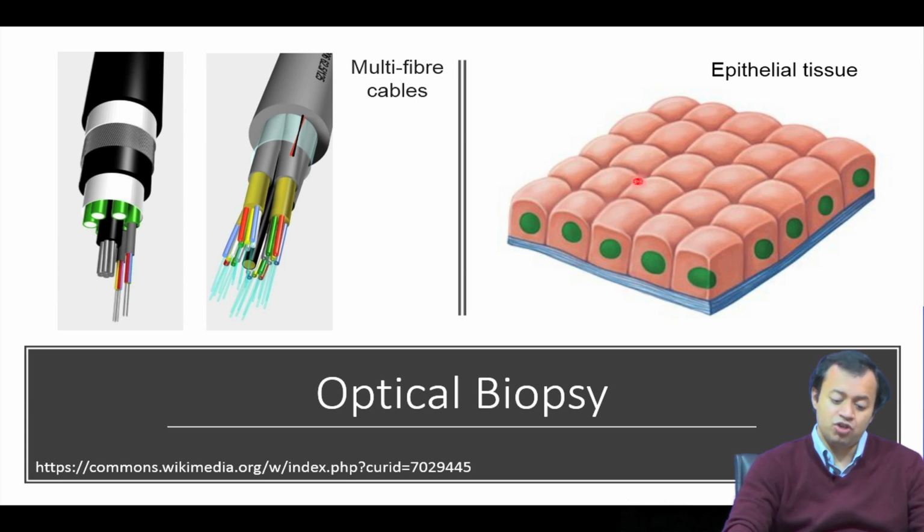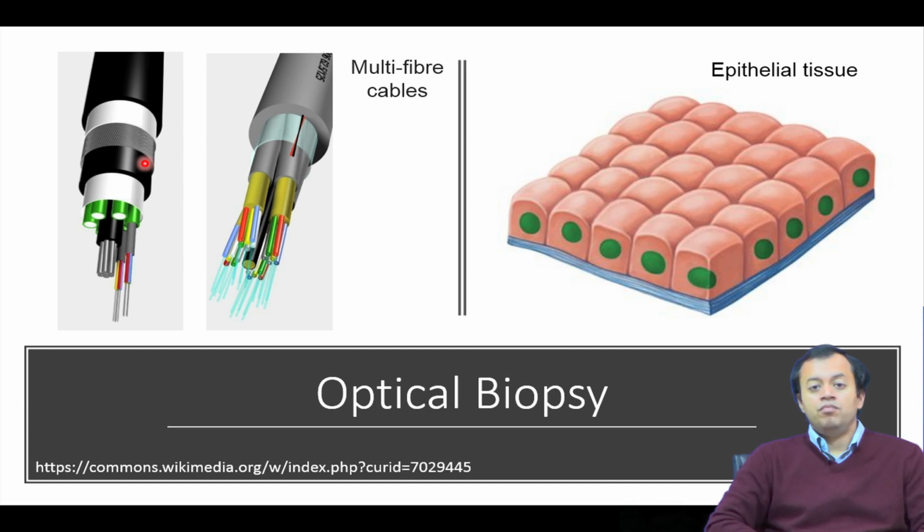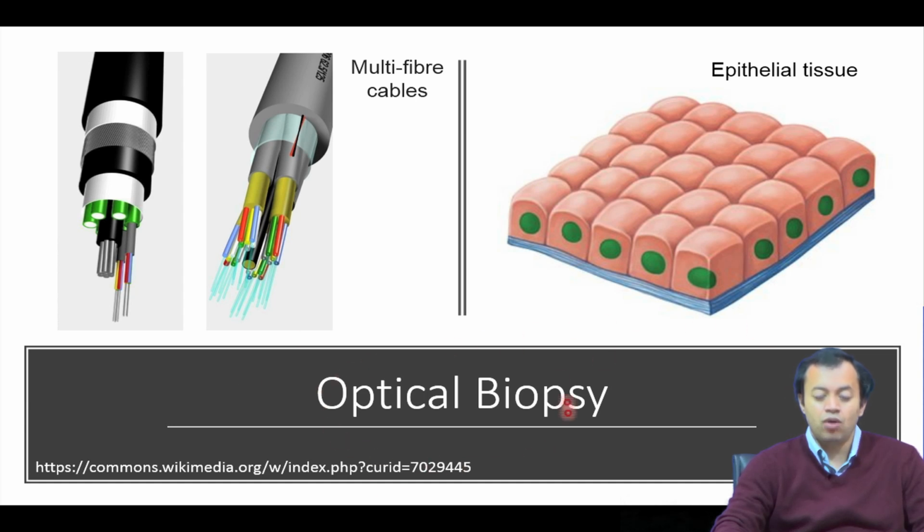The fluorescence emission will be captured, taken through this particular tube, and go through this to the other end without any loss, and you measure it, you calculate it, you analyze it, and thereby you see what's wrong with this tissue. We call it optical biopsy.